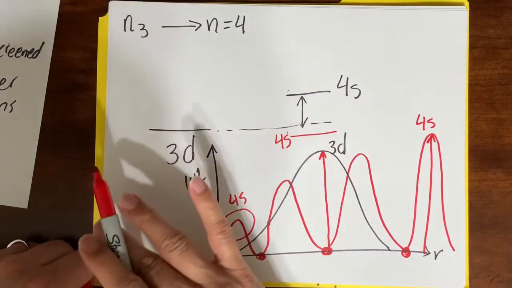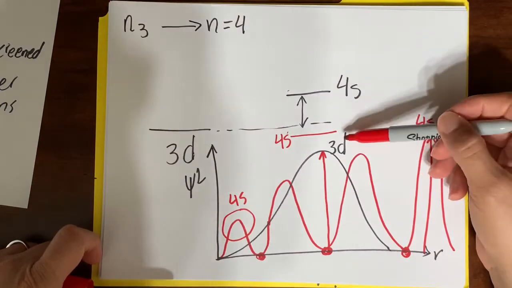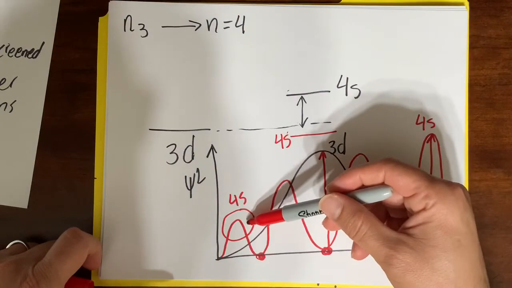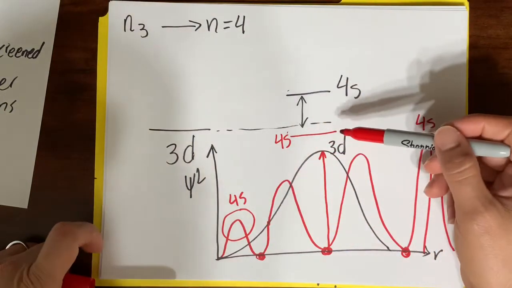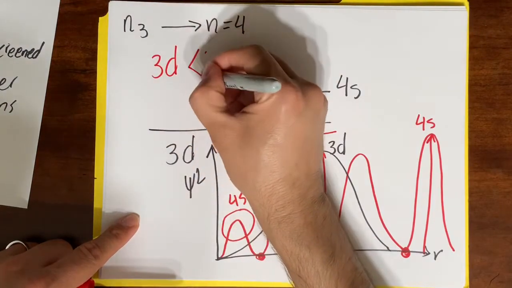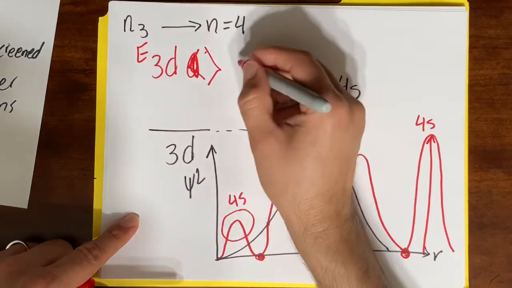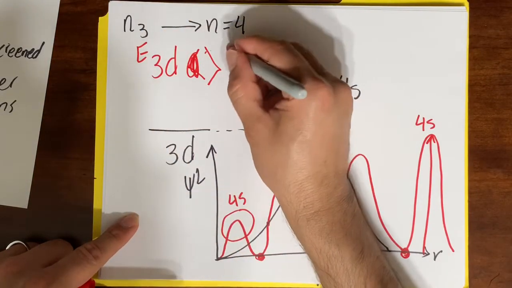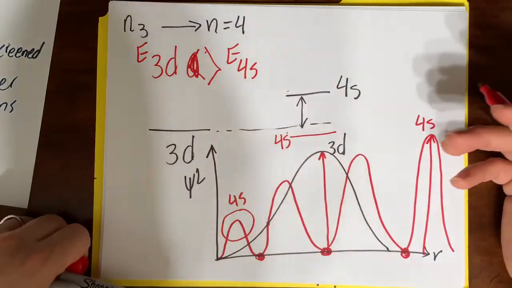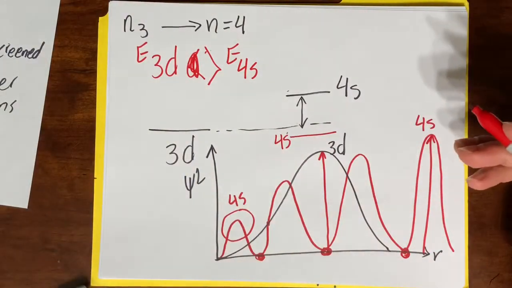Nothing. 3d stays as it was. The only change that happened is the 4s got lower in energy because of the penetration. So now we need to say that 3d has higher energy than the 4s orbital. So if you have an electron and you need to choose between 3d and 4s, you have to go with the 4s orbital.